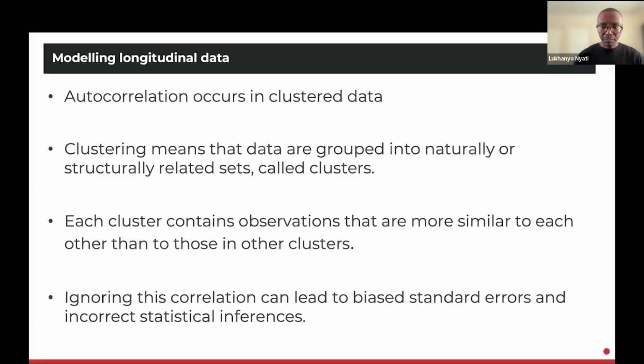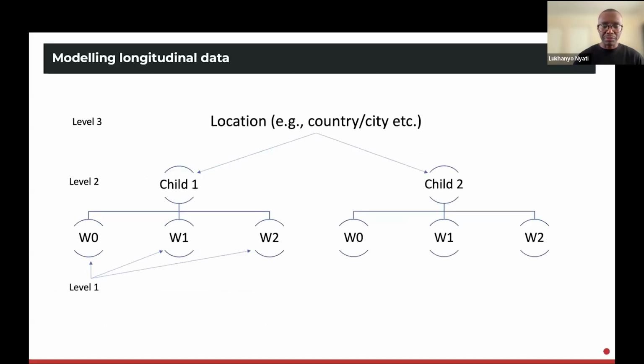The reason why it's important to take this into consideration is because the estimates that you are obtaining from these models may be biased, and therefore you may make incorrect statistical inferences.